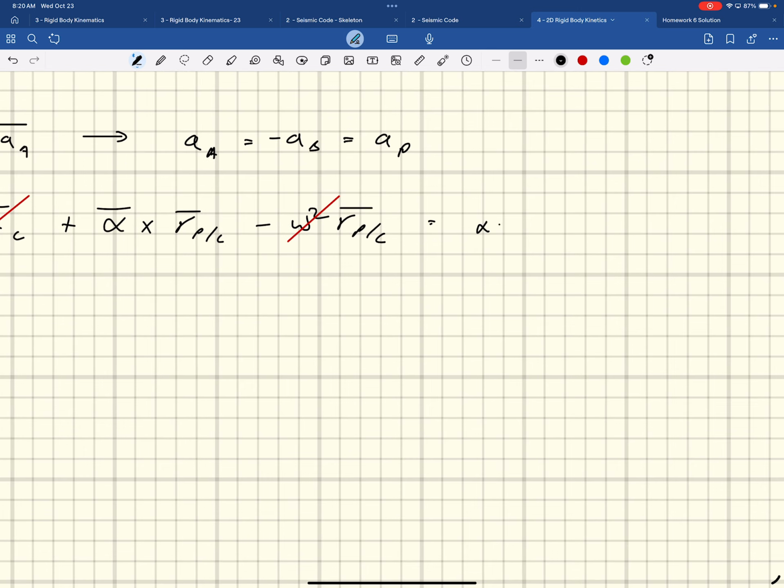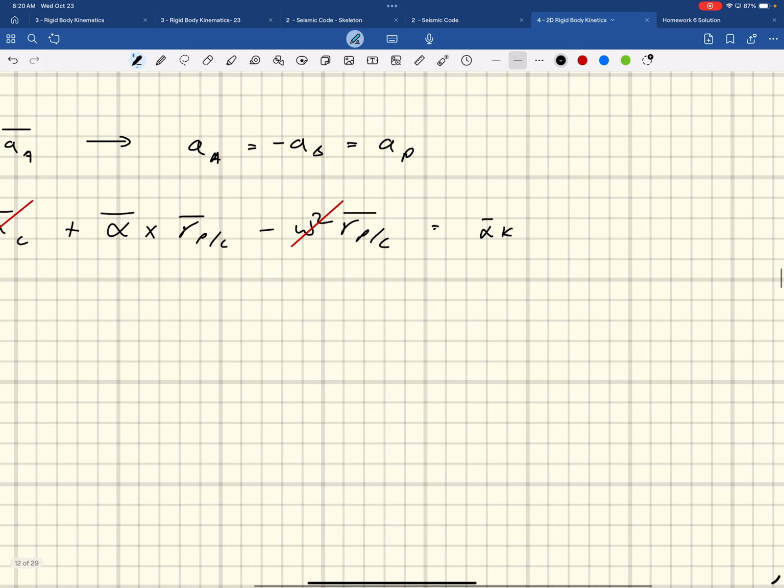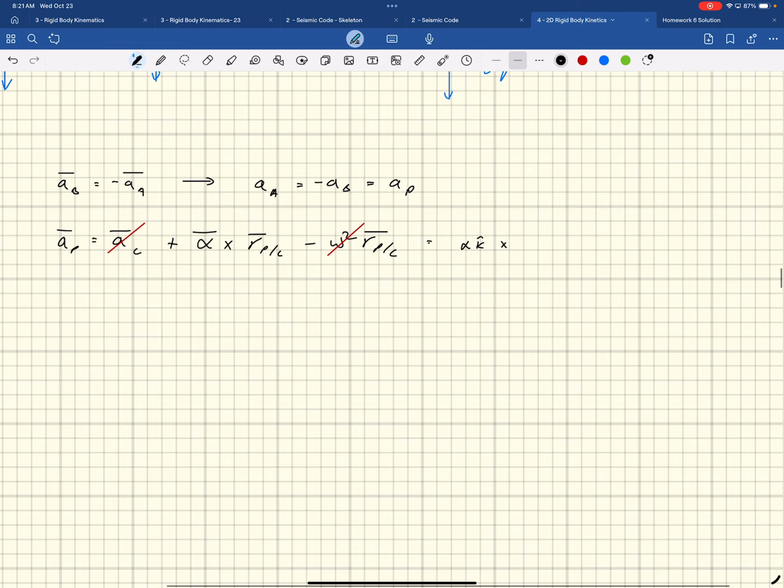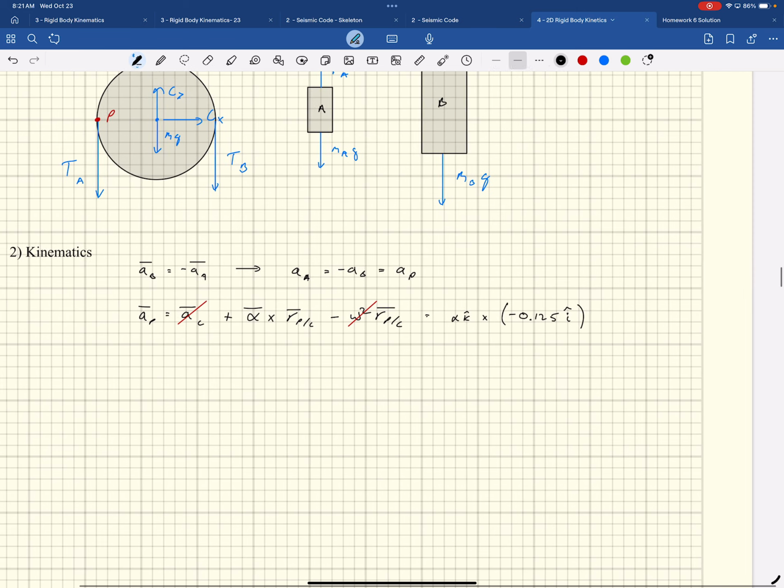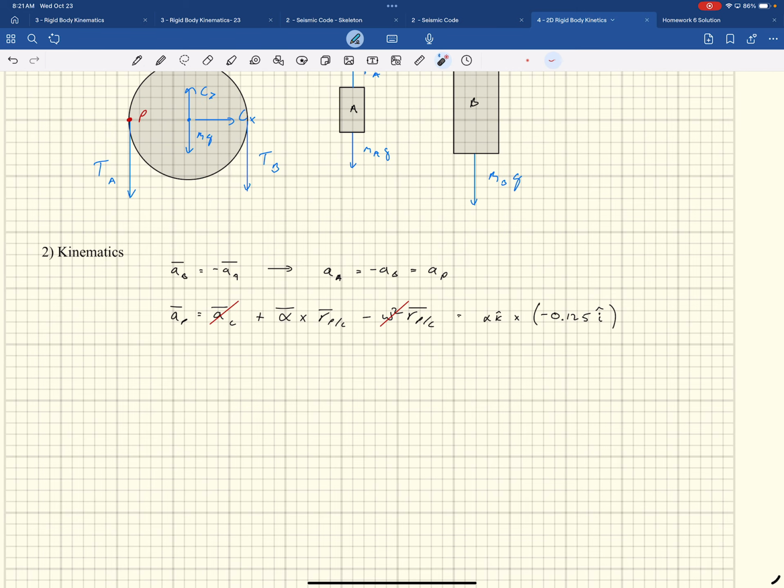Alpha in the K direction. Not that. Alpha in the K direction. I'm going to cross that with negative 0.125 in the I direction, right? Because I want this vector stepping over to the left there.